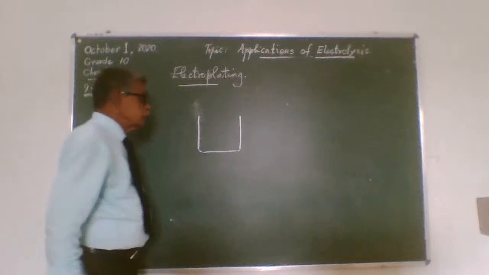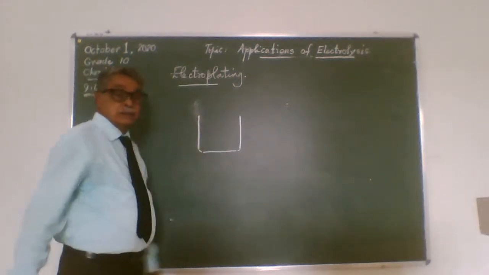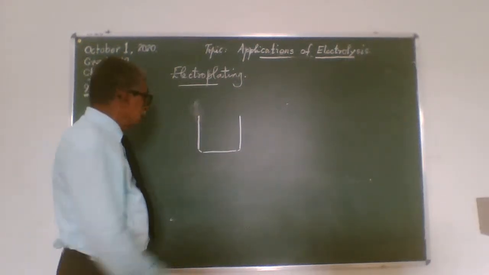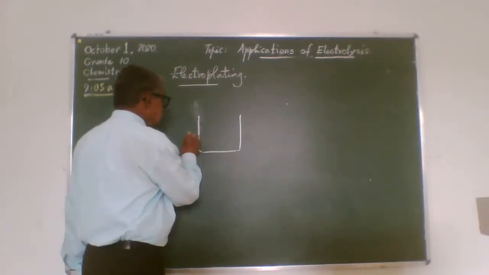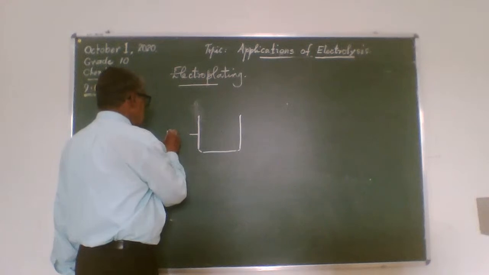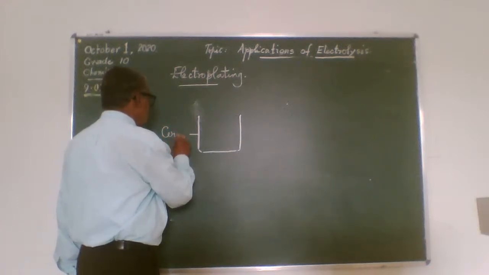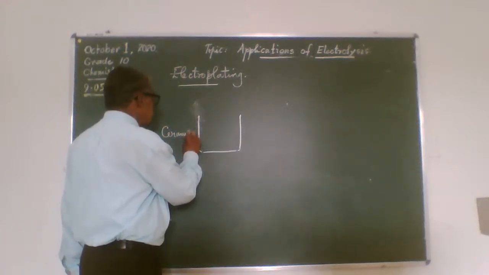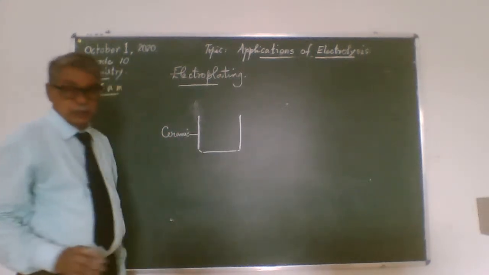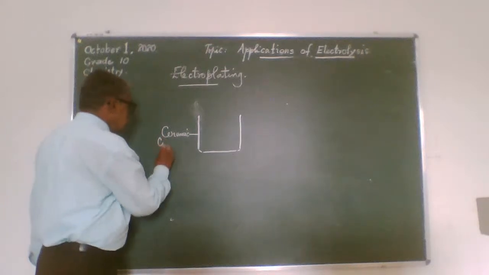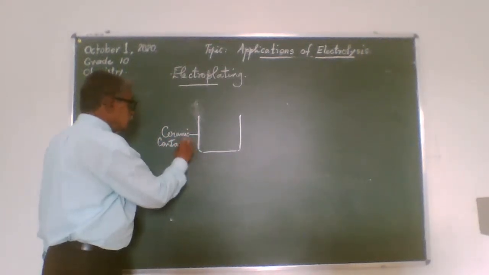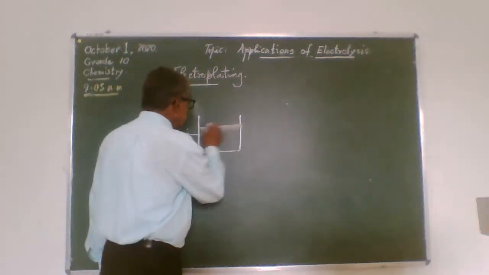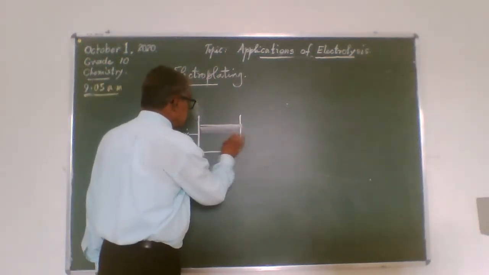This is an electrolytic cell. It is made either of glass or ceramic, a ceramic container. The electrolyte is taken in this container.